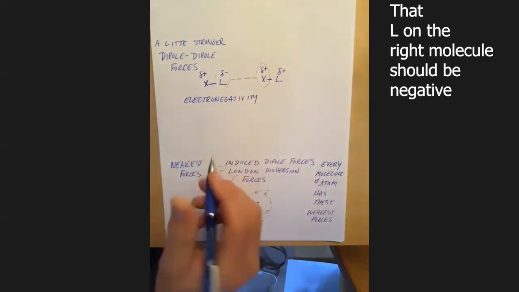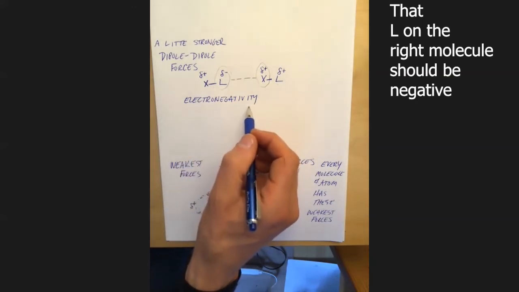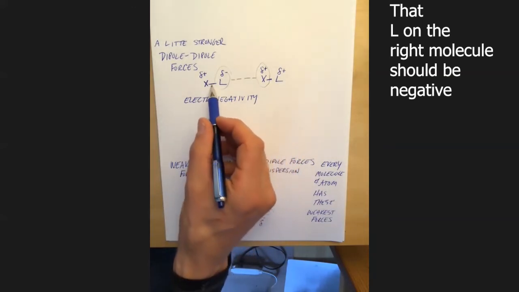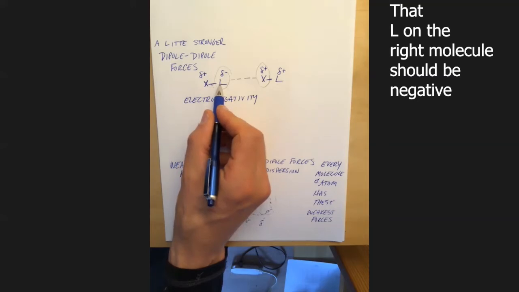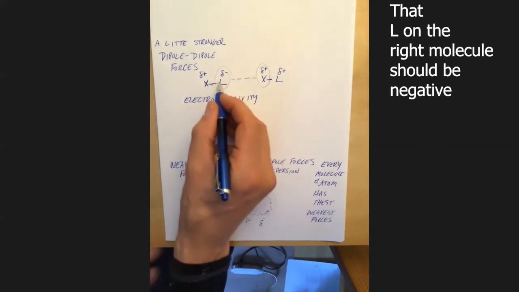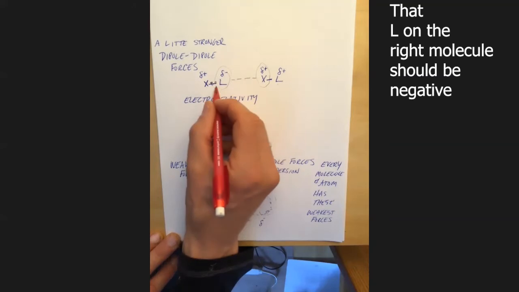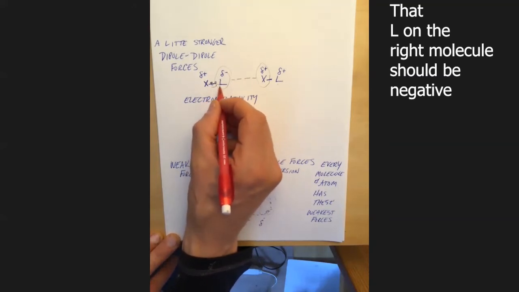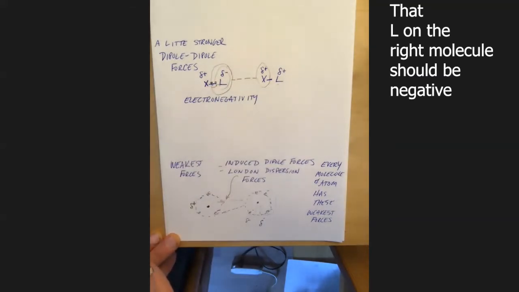And what that says is that electronegativity is a measure of the desire of when electrons are shared between two atoms, these electrons, in this case, would be slightly more attracted towards the L than they are to the X. And so the electrons spend more of their time, these two electrons in this bond spend more of their time down here next to the L. And so that means that this end of this molecule is slightly negatively charged.